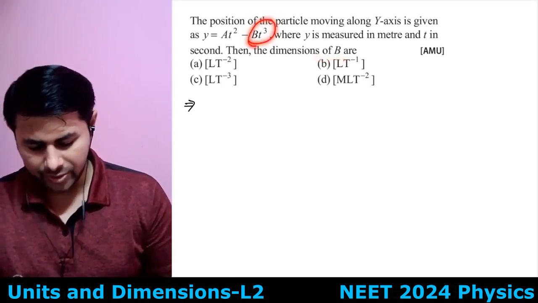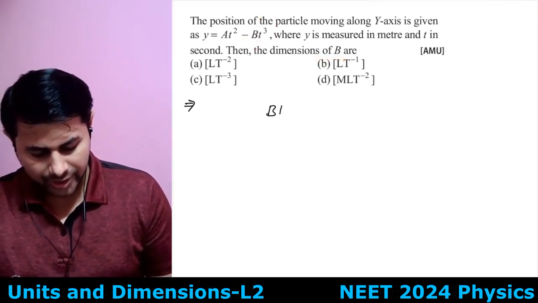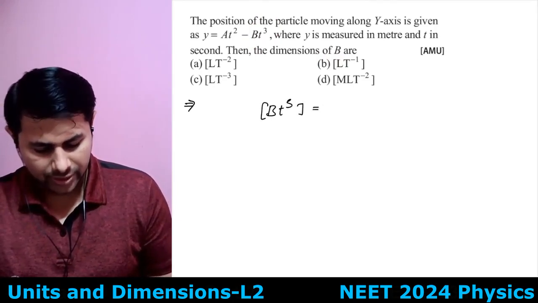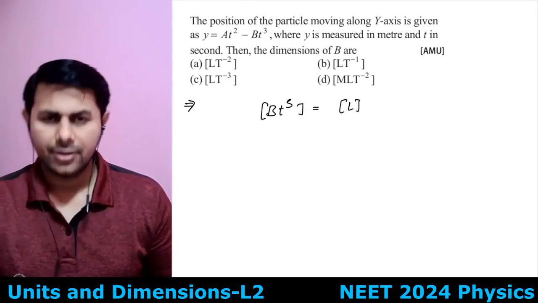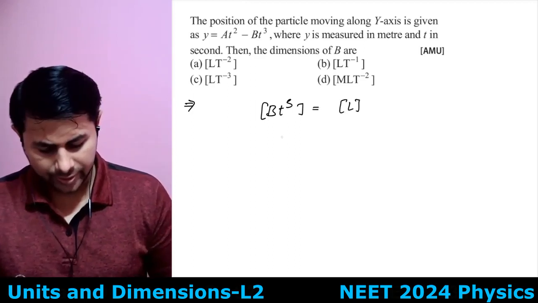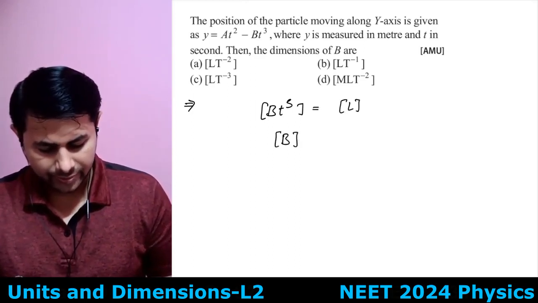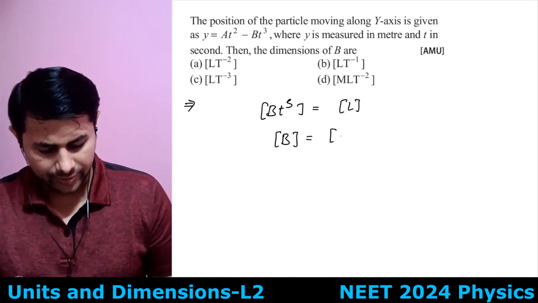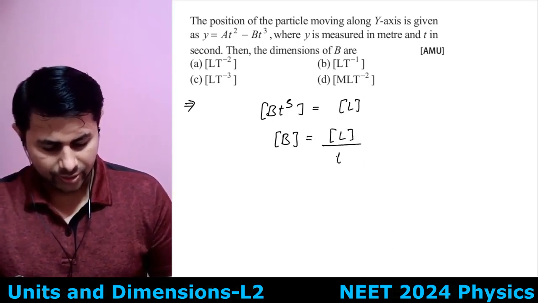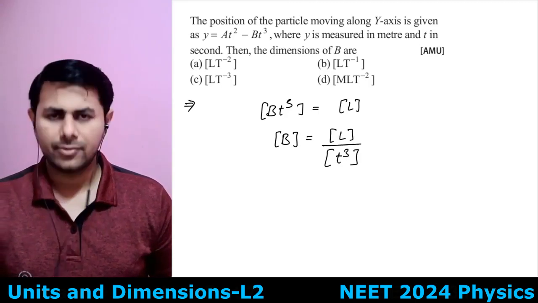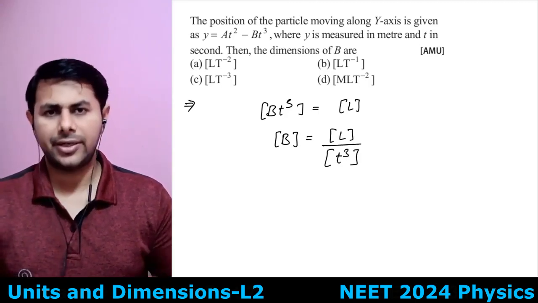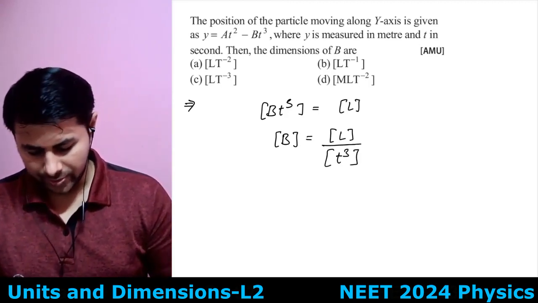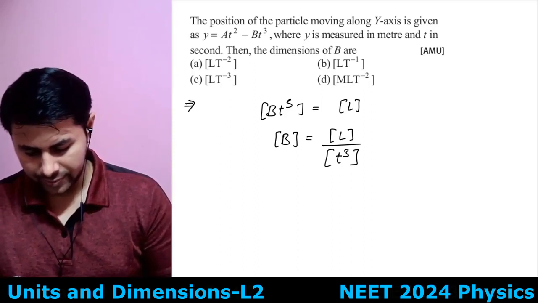So we have B t cube, whose dimensions are equal to the dimensions of length. Therefore B is L divided by t cube, or L to the power 1 t raised to minus 3. So option C is the answer.